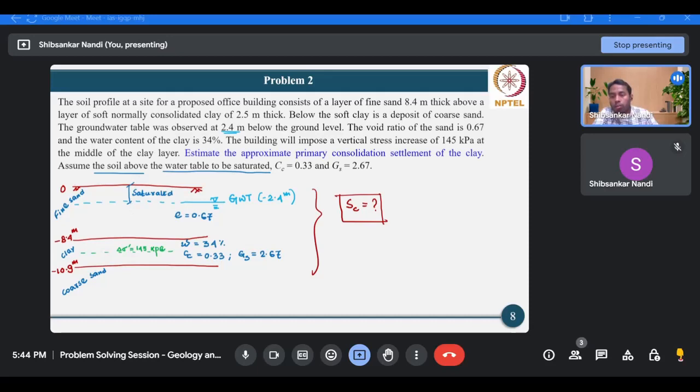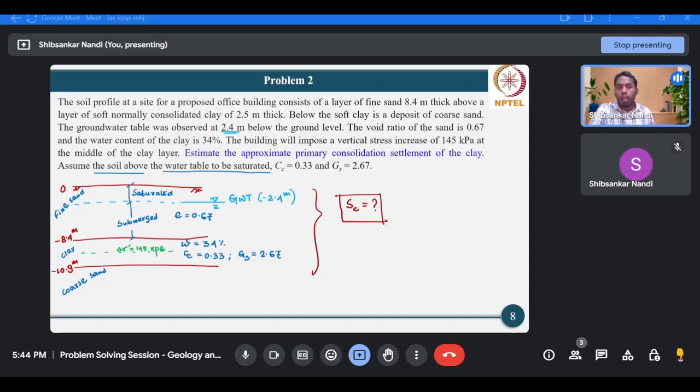Now this would be submerged. Now what we need to calculate? We first need to calculate the saturated unit weight of the fine sand, then the submerged unit weight of the fine sand, and the submerged unit weight of the clay, which would be required for the calculation of the initial effective overburden pressure at the mid depth of the clay layer.